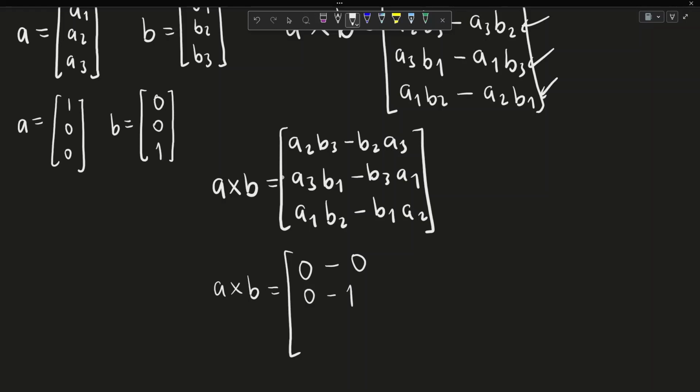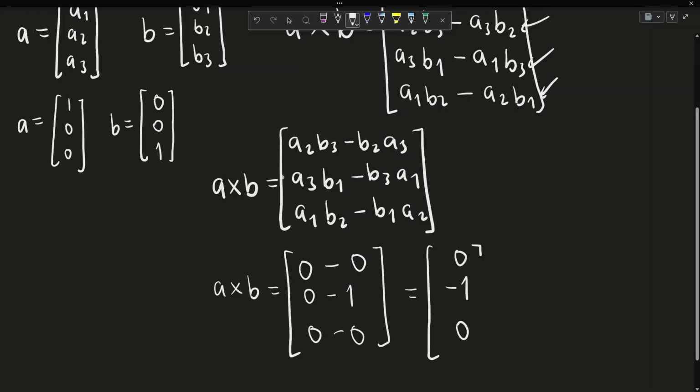And you'll find that A1 times B2, which is 0, and B1 times A2, which is 0. And so you'd find A cross B is equal to 0, negative 1, 0.